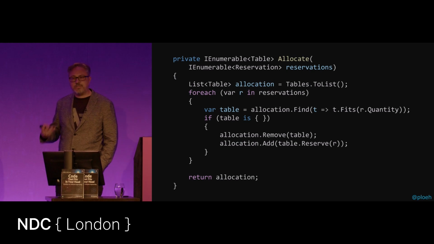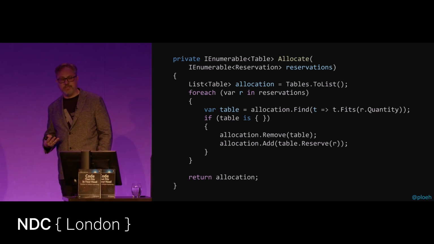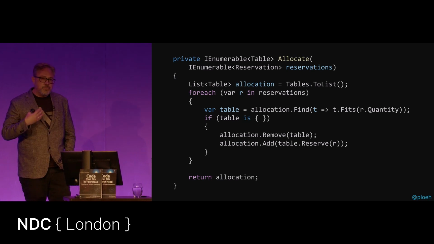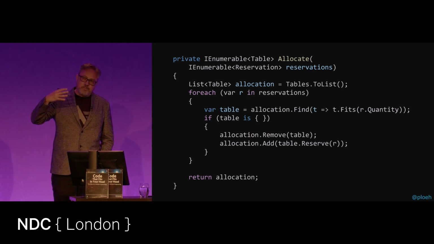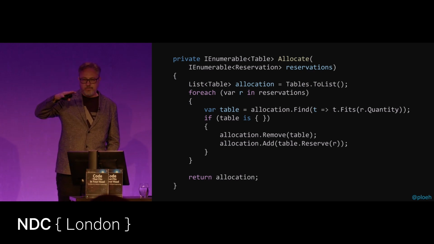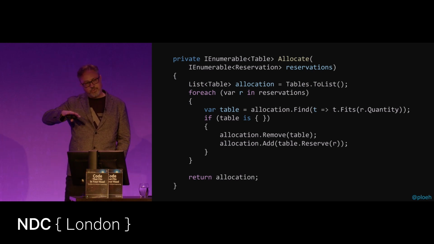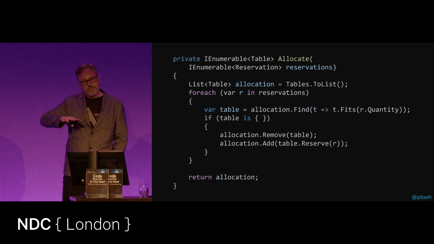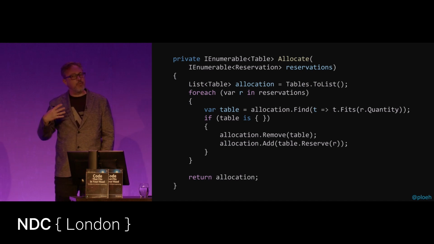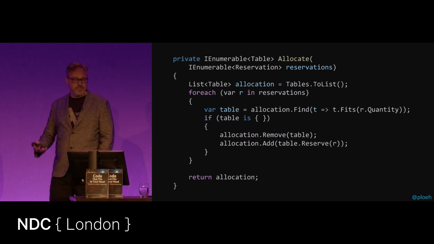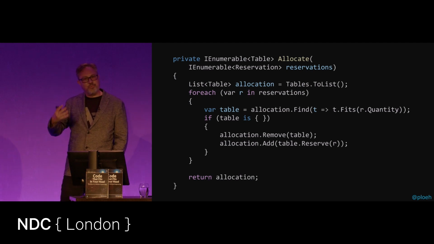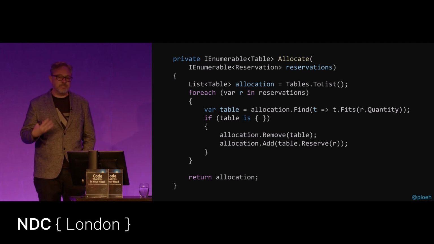So the brain tries to make sense of these things. I'm going to spend some time talking about this code, and the point is I'm trying to talk about what happens in the brain and how we read code. So it sounds like I'm walking you through the algorithm, which is actually not the point. I'm walking you through how do we actually read and understand code.